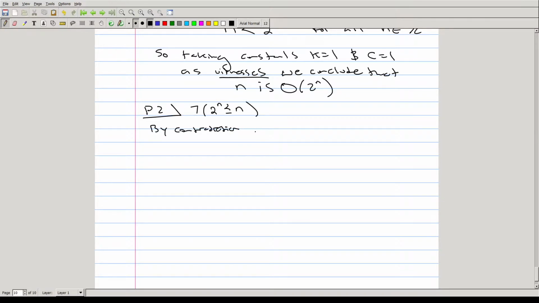So we assume that there exist k and c such that for all n, which is the domain of our function, if n is greater than k, then 2 to the n is less than or equal to c times n.